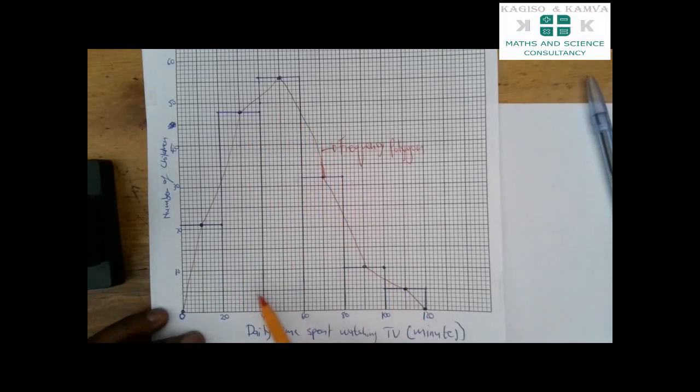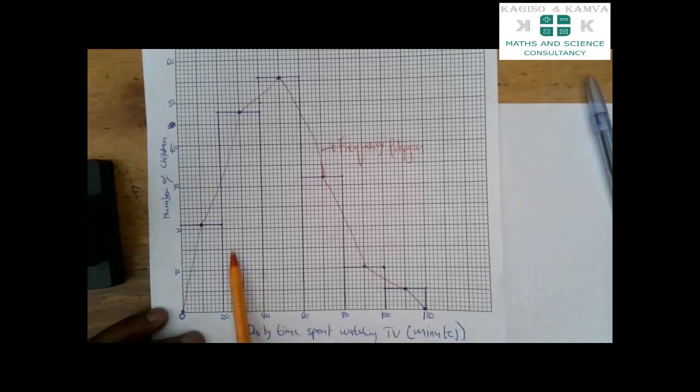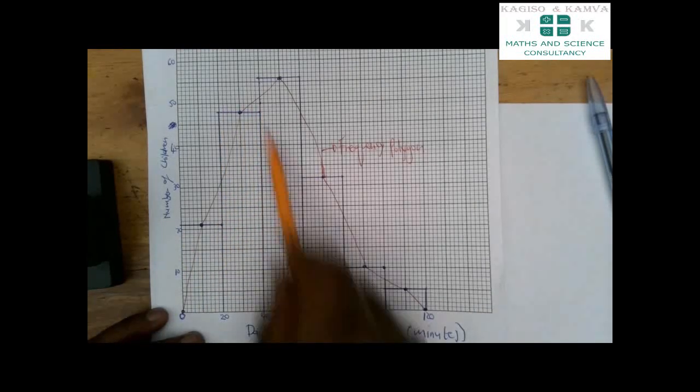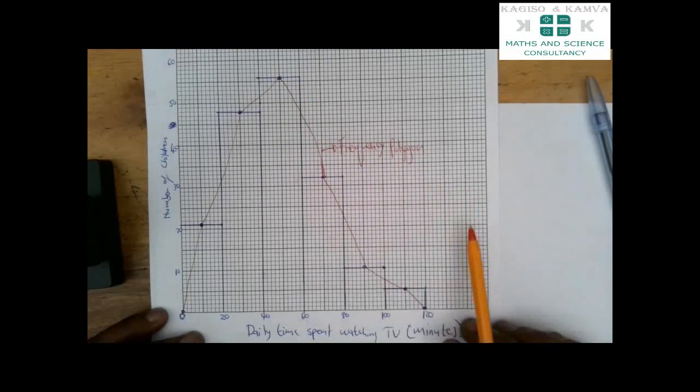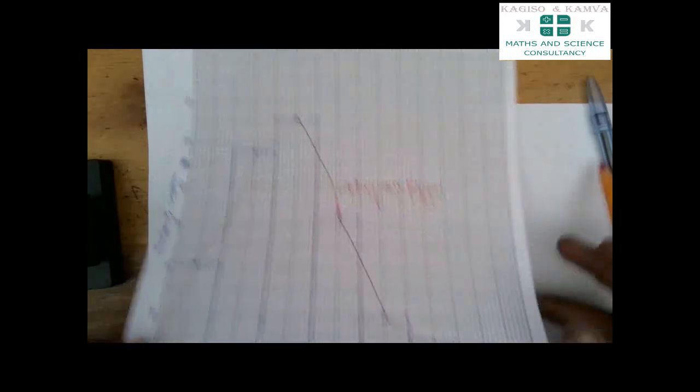The histogram is more like a bar graph, but these bars are attached to each other. They are joined, like this. This one is a histogram, and this line will represent a frequency polygon. Good.